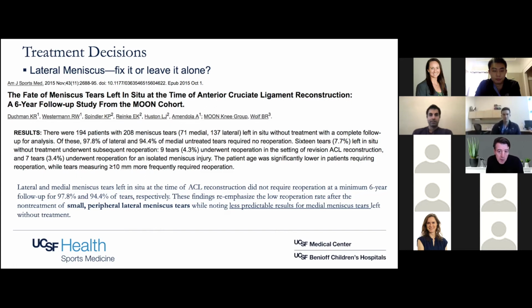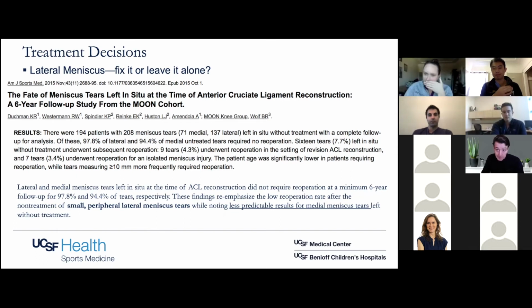So just be aware of that. I think we all tend to be aggressive about fixing anything that's in there, and I personally don't change my repair pattern based on this data, but the data is there, and it clearly also indicates, of course, you've got to repair that medial meniscus.